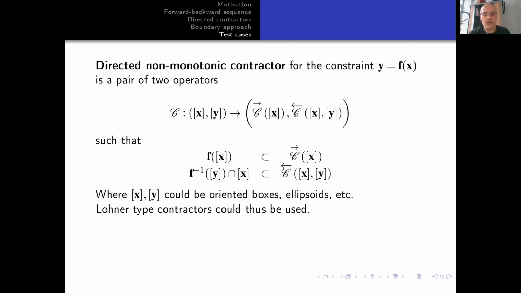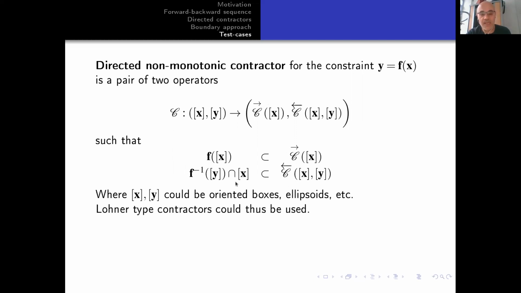So what about the perspective? The perspective is, of course, to use a Lohner type algorithm and to extend the definition by assuming that the contractor is not necessarily monotonic.